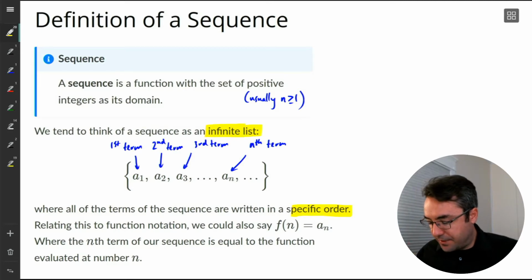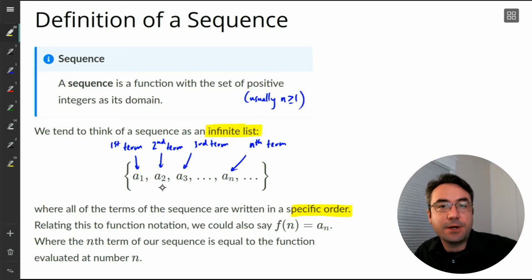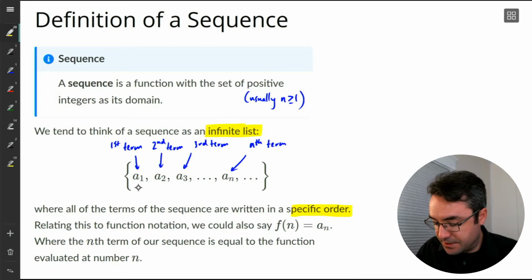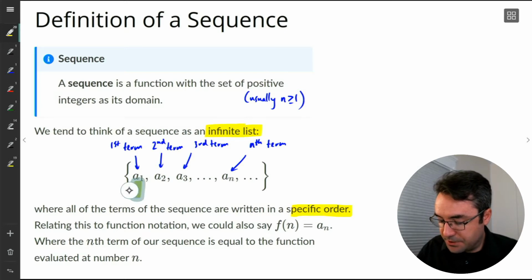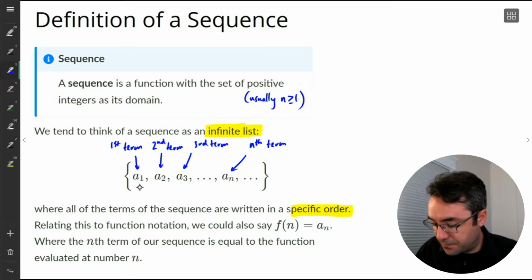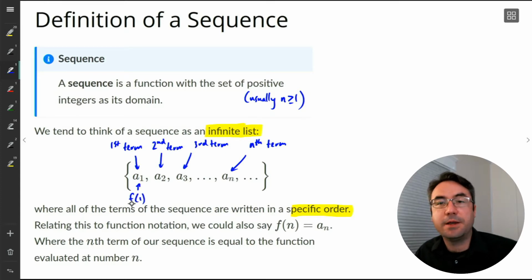Another way to think of this is if we relate it back to function notation, we can think of every term in our sequence as just a function value. For instance, we could think of this first term as just what we get when we plug the number 1 into our function. We know a sequence is a function, so let's plug 1 into that function.